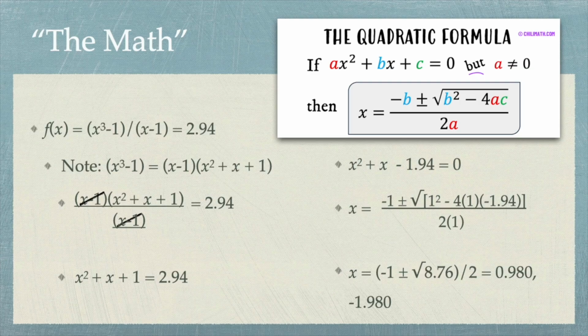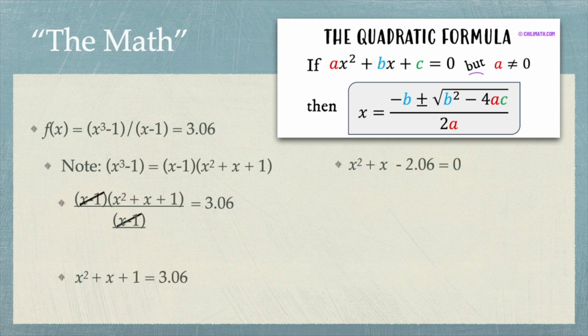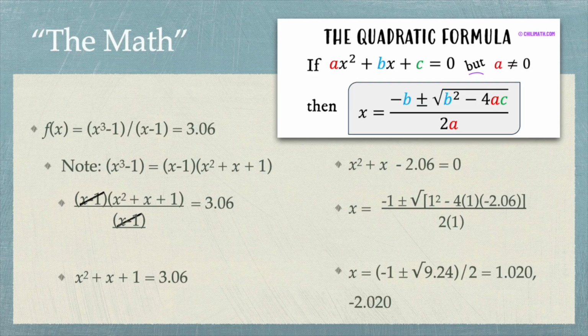And a little complicated, but we get two values, 0.980 and -1.980. And we need only the part that's close to 1, so we're going to go with the positive 0.980. Now we do the upper limit, set the function equal to it, solve for x by using the lovely quadratic formula, and we get 1.02 and -2.02.